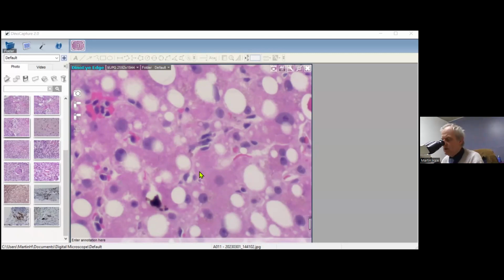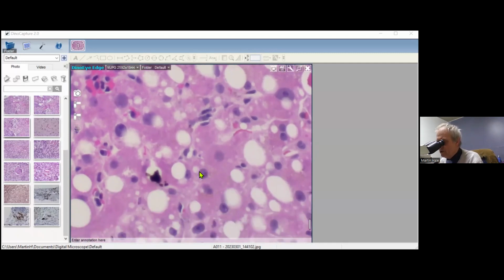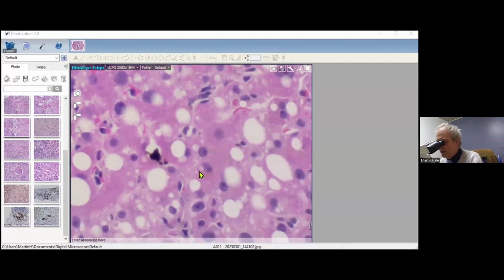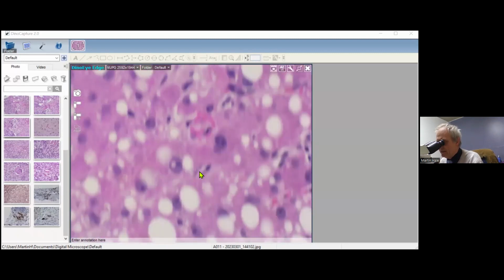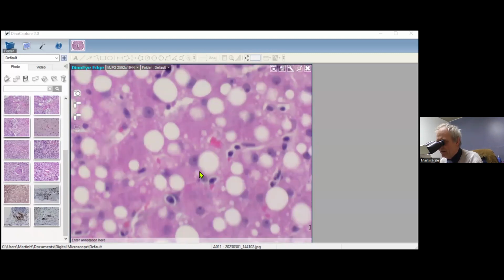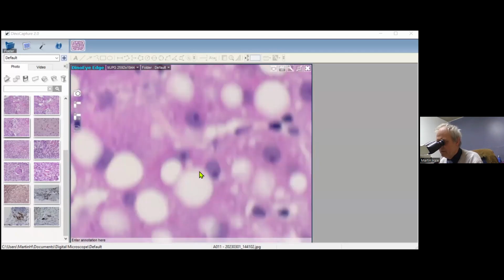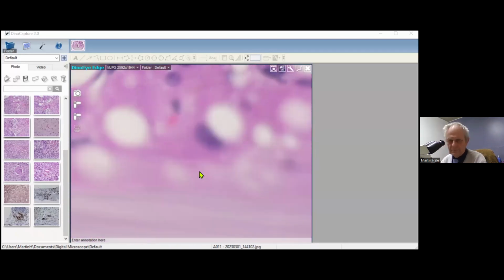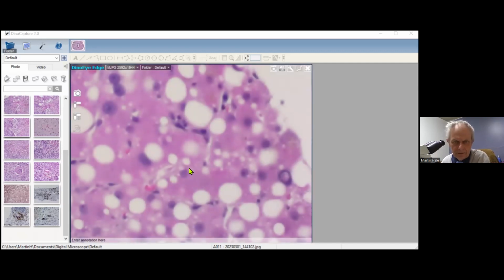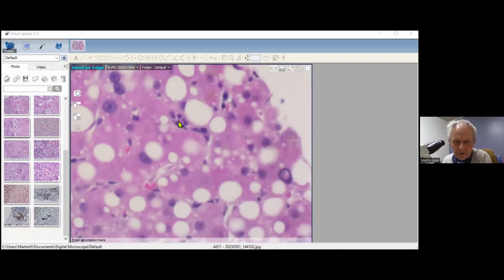And the next one is to look for the neutrophils. And the neutrophils, I think we can see relatively easily. There are, in fact, quite a few neutrophils in this. Whoops, going too high. So these are all neutrophils. Some of these are neutrophils.